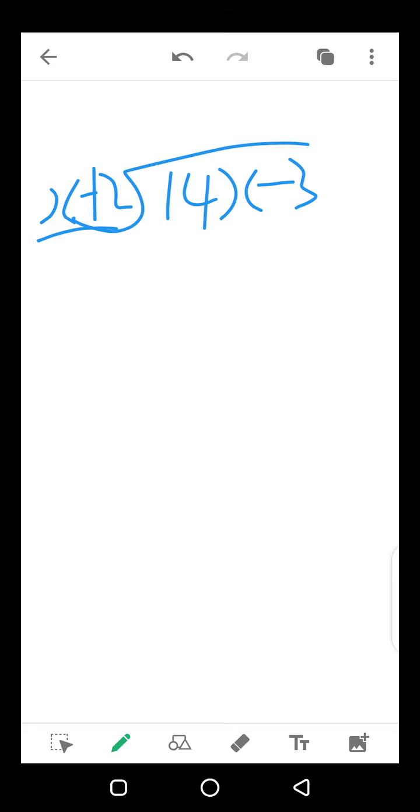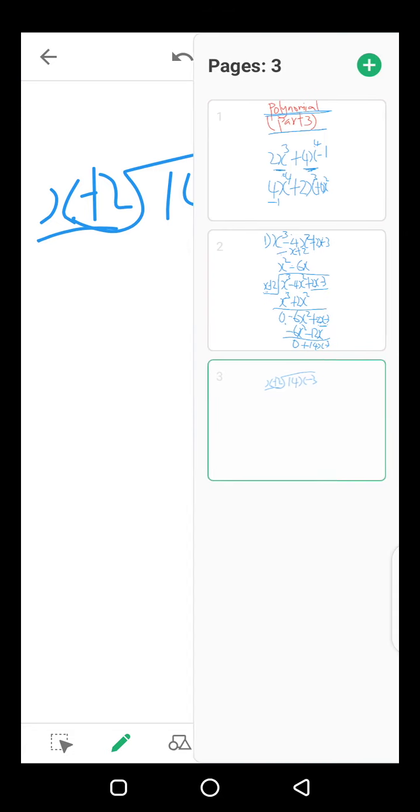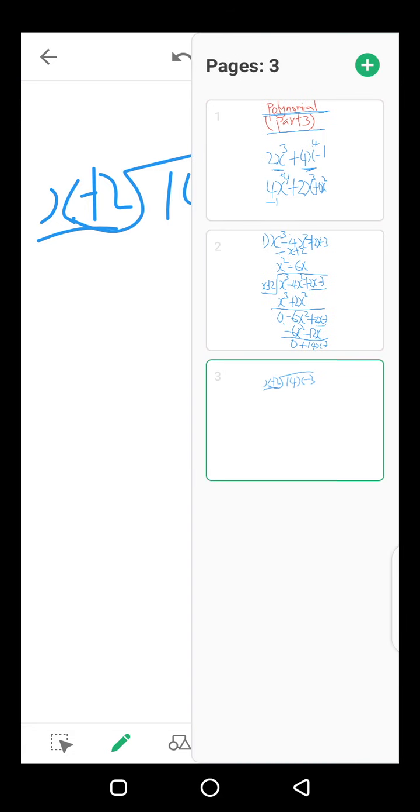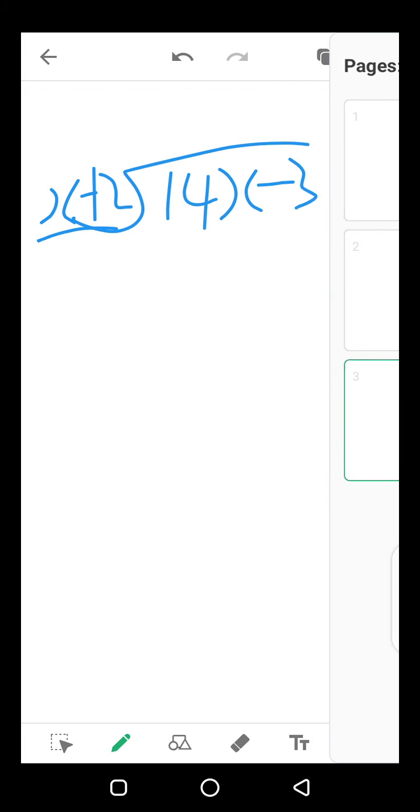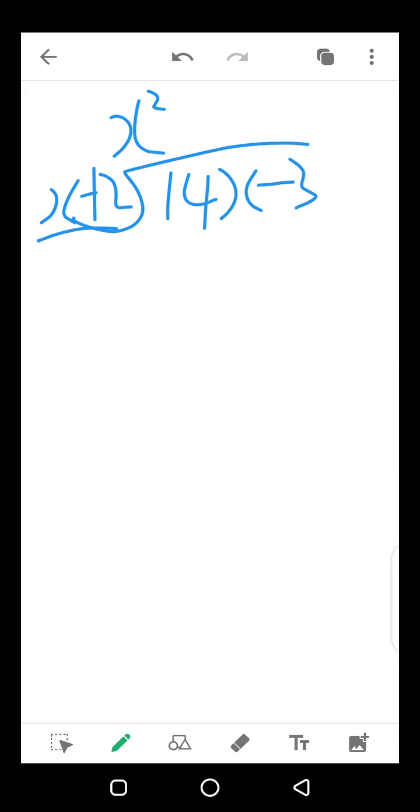What we already have on top is x squared minus 6x. So 14x divided by x, we are going to get plus 14. The x will cancel x.